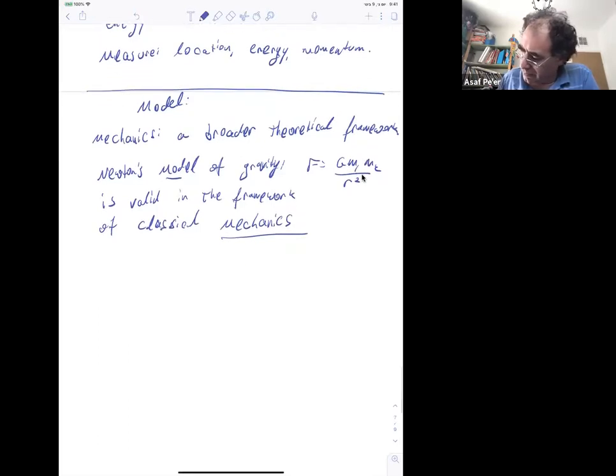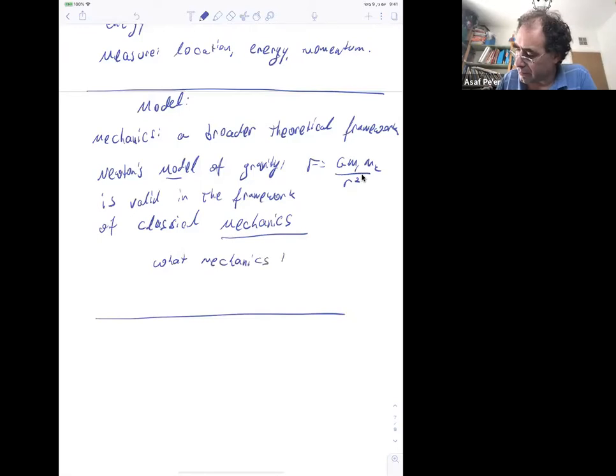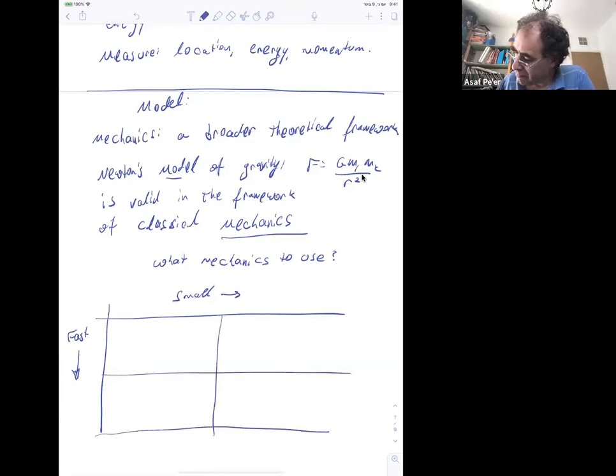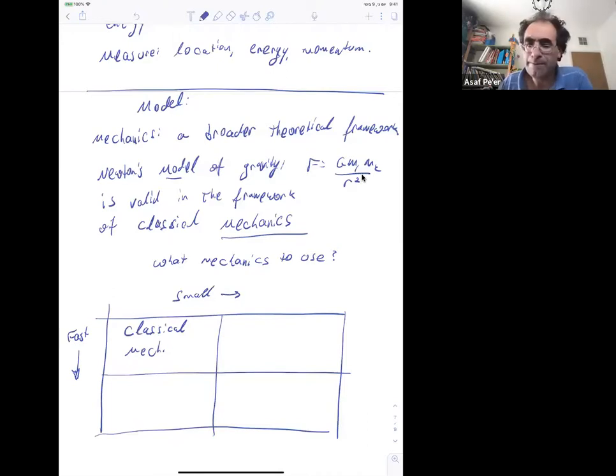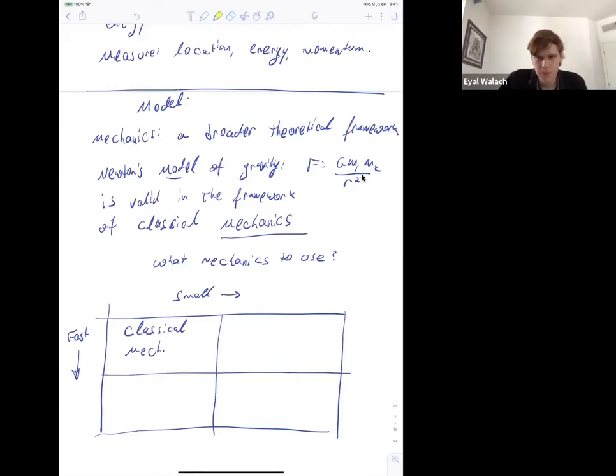I have a small table that sets what mechanics we're using. That depends on the size of the particles and on how fast they are. If the particles are slow and large, then what are we using? Classical mechanics. If they are slow but small, quantum mechanics. Very good.